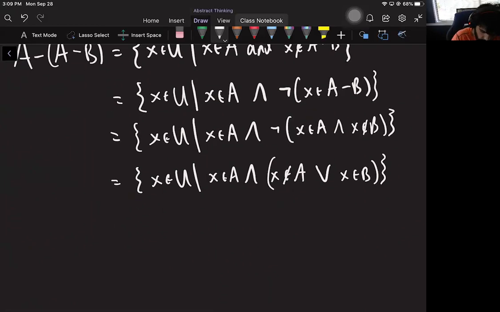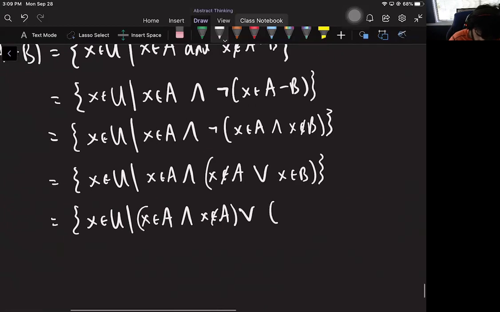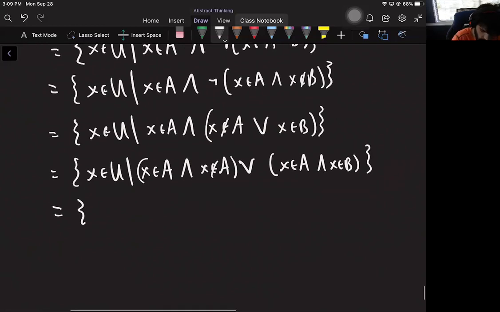And then I can distribute that and through the or using logic that we've learned. So this tells me that X is in A and X is not in A, or X is in A and X is in B. So tell me all the things that are in A and not in A. Well, guess what?